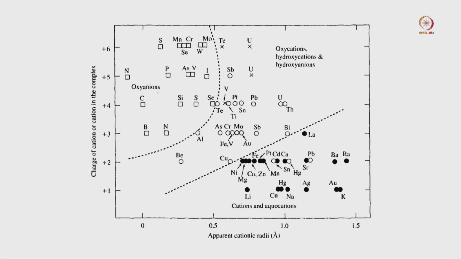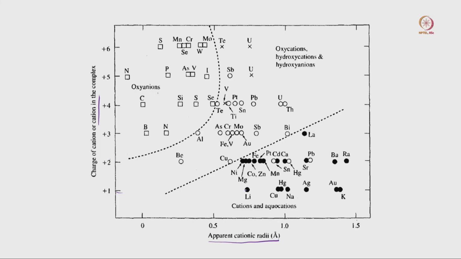This is a chart showing the apparent cationic radii, that is the radius of the atom, against the charge of the cation in the complex. This is +1, +2, +3 charge and this is the radius. With +1 charge, this is the direction of increasing atomic size.